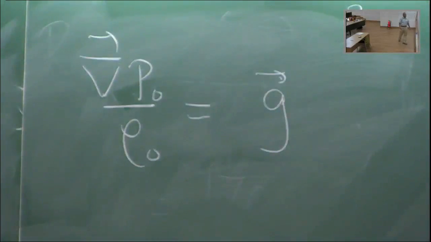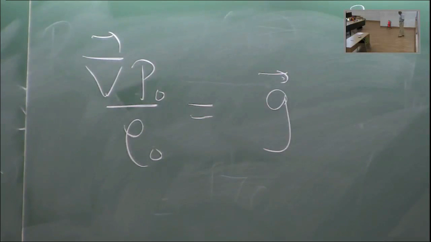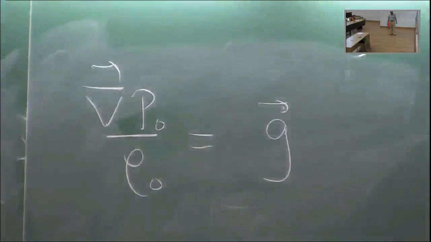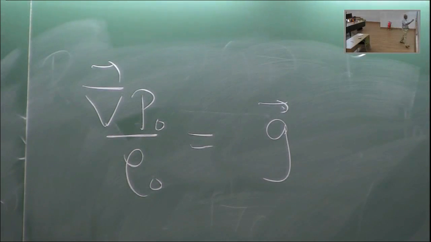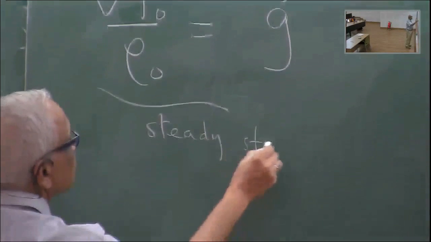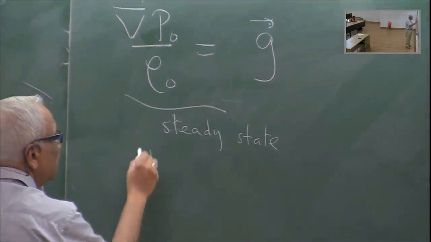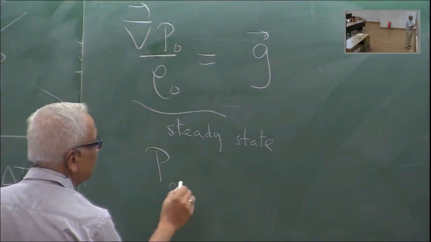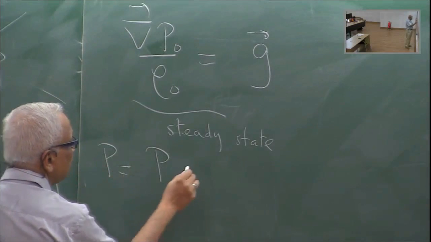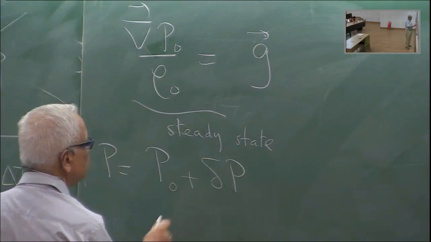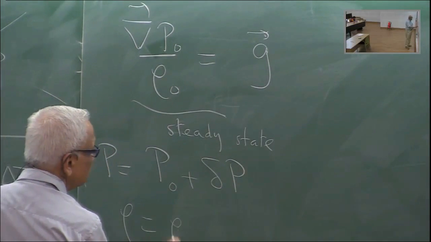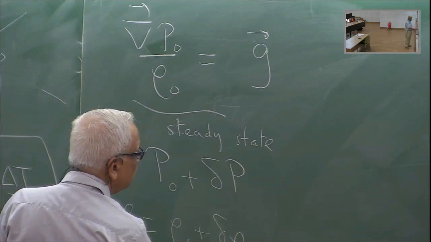So that's your solution for the steady state. And once again, as before, you say that P is equal to P0 plus delta P, and rho is equal to rho 0 plus delta rho.